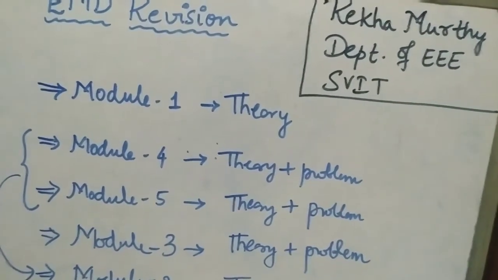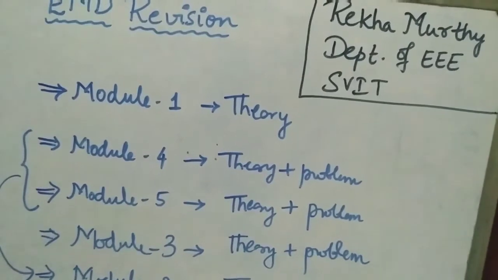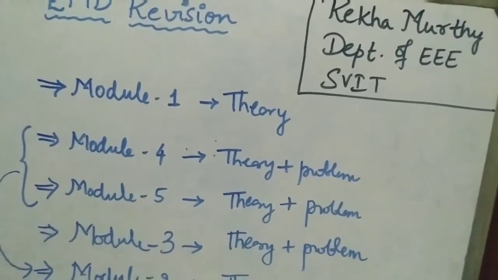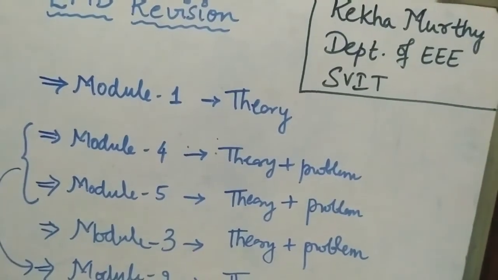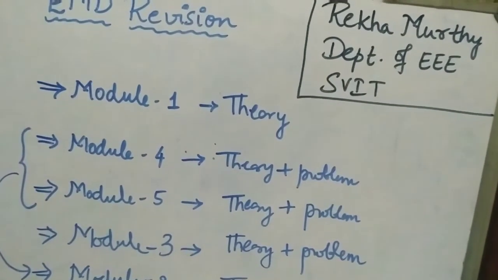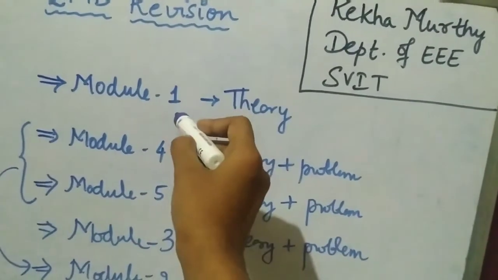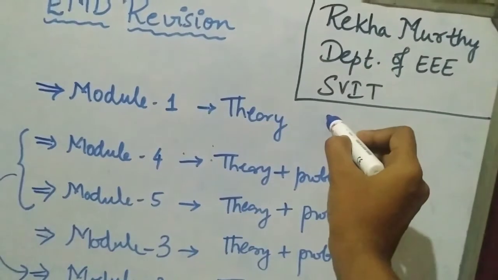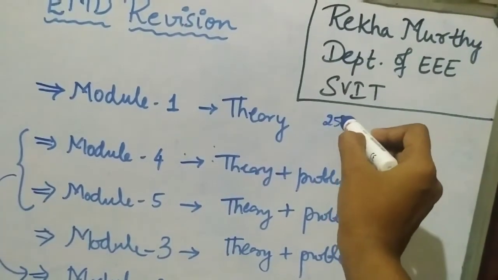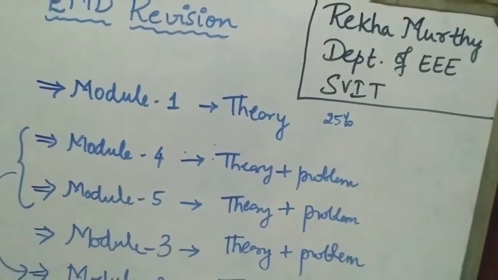In this sequence, you may not get much tension from the question papers. You should not panic. You have to be cool and start with module 1, which is full of theory. You may gain at least 25% of your confidence level from this part.